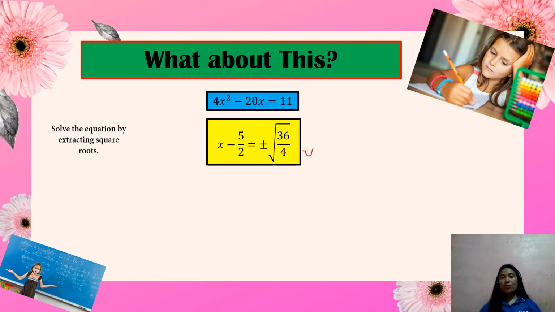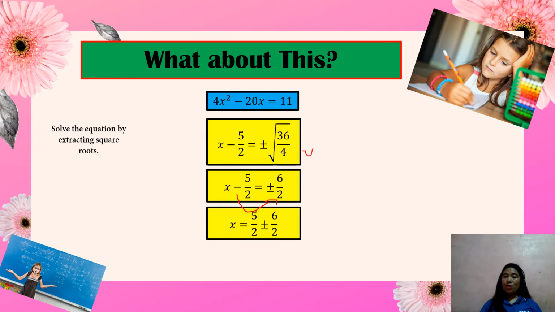The square root of 36 is 6. The square root of 4 is 2. So that must be 6 over 2. This has a purpose why I did not divide them, as I've told you. The next step is to transpose negative 5 over 2 to the other side, so this becomes positive 5 over 2.